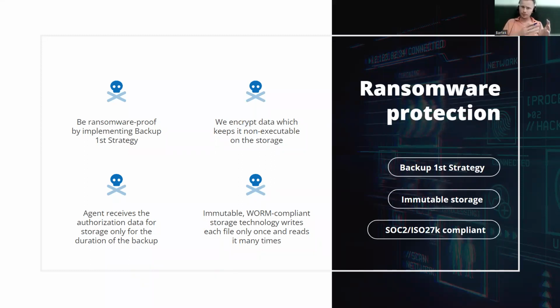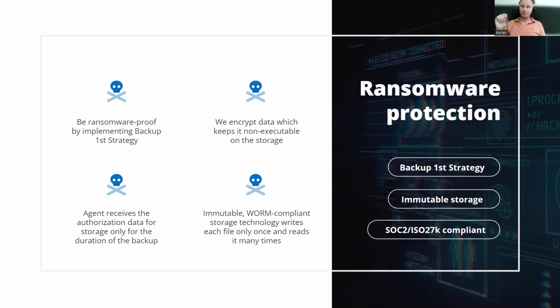But the easiest way to prove that data stored on the storage is ransomware proof is to try to recover data or try to get access to the data directly from the storage. It's impossible because of compression, because of encryption. All data that is kept on the storage is kept in an unexecutable format.